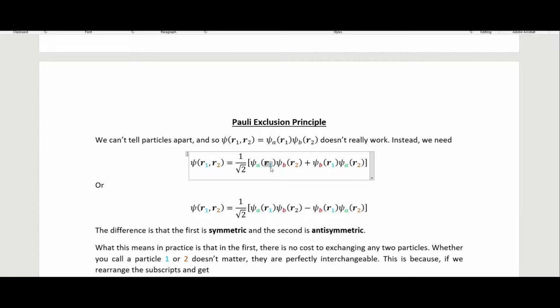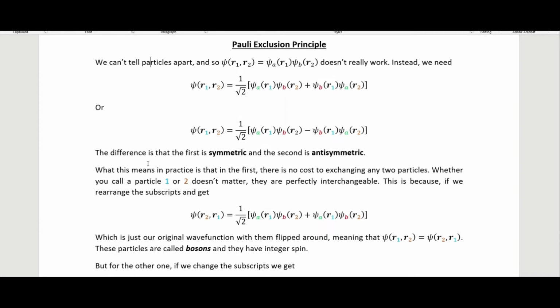That's what the R1 is for. Plus we have the B state for particle 1. And so we're saying that there's really a superposition of particle 1 being in the A state and particle 1 being in the B state. And then down here, this is what's called antisymmetric. And so we will take a look at the difference between these two.